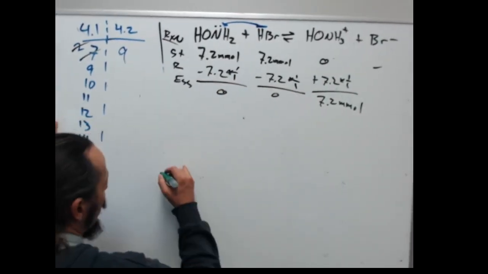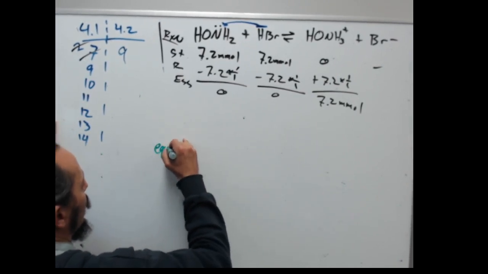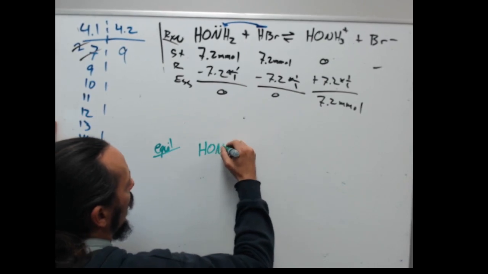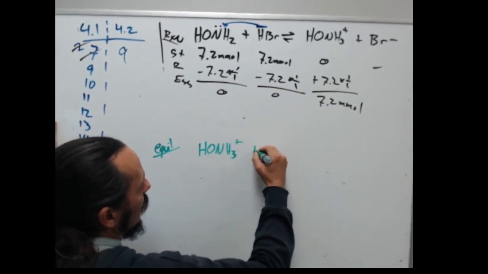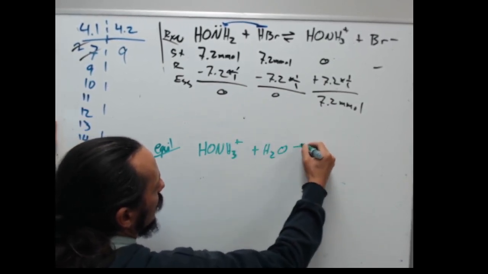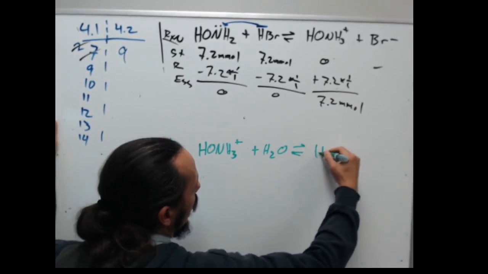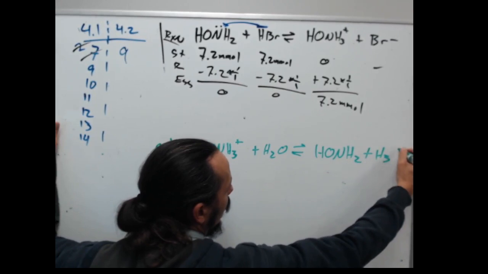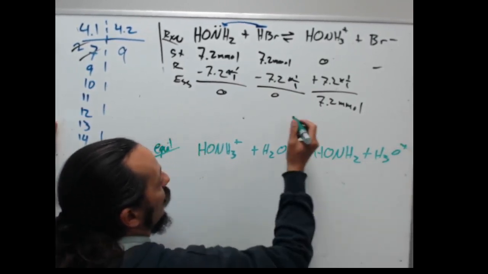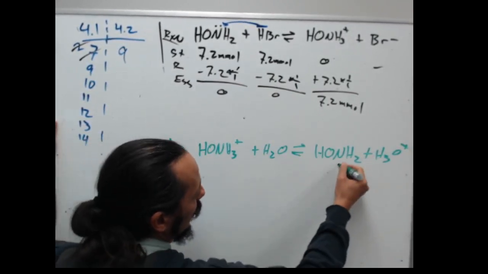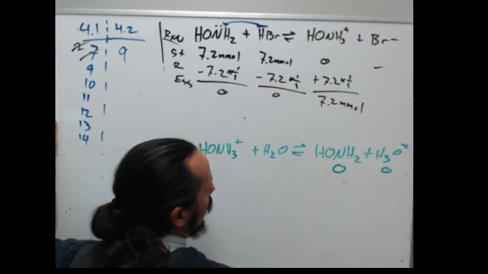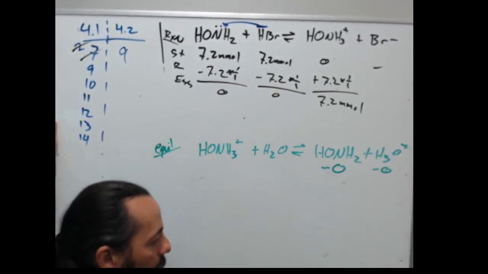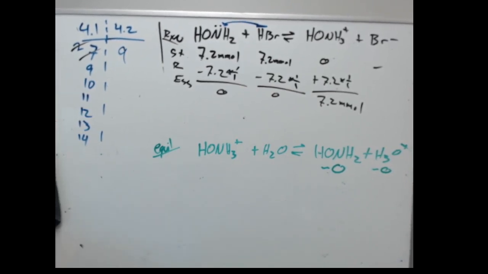So the equilibrium I have to consider is only going to be HONH3 plus H2O goes to HONH2 plus H3O plus. We have to be careful, where I've got zeros here to start. Approximate zeros there, and I got to figure out what they really are.